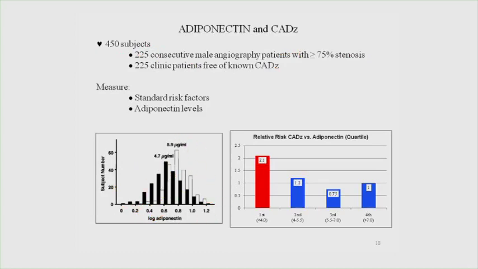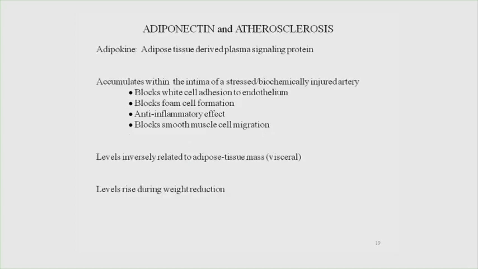If you have a high adiponectin level, you're at lower risk of cardiovascular disease. The lower your adiponectin, reflecting greater degrees of obesity, the greater is your risk of cardiovascular disease. Adiponectin is made by fat cells when they're small or when you are losing weight.